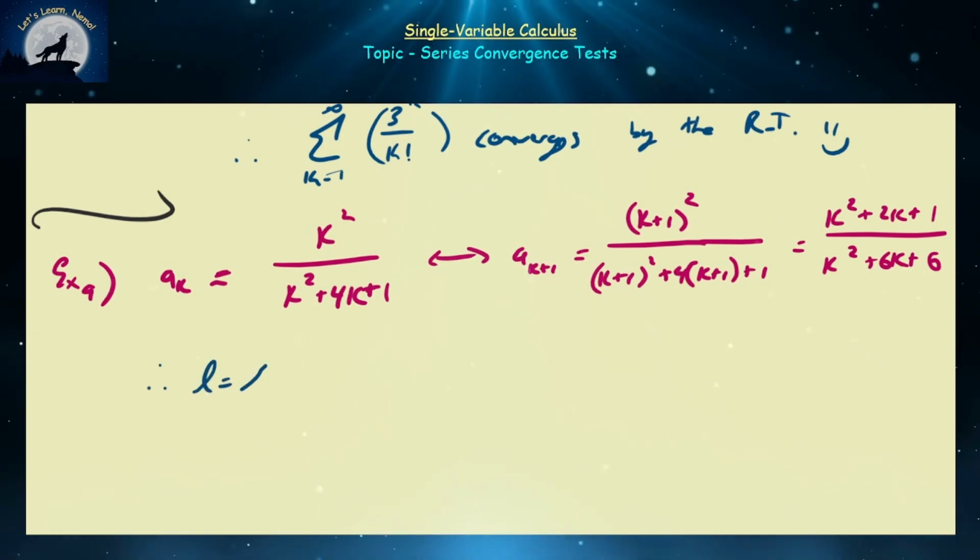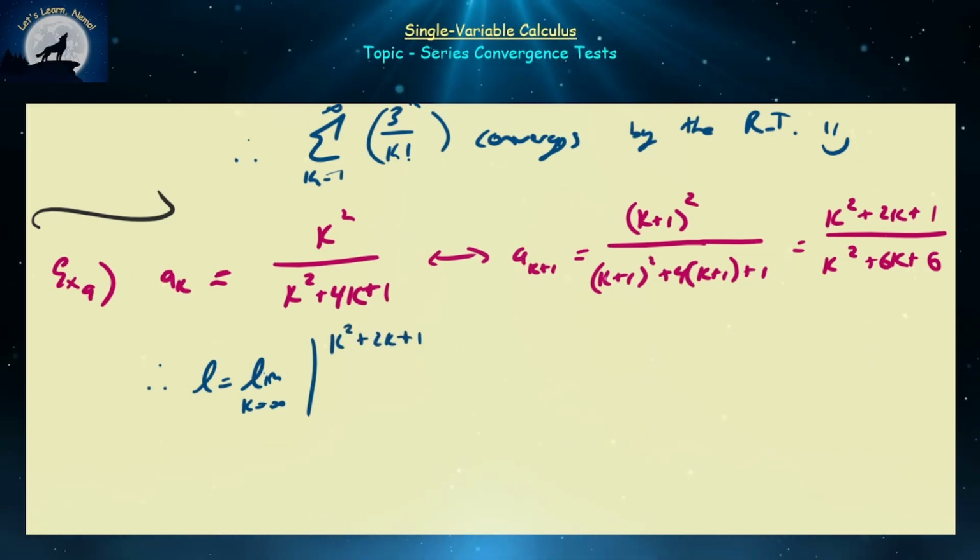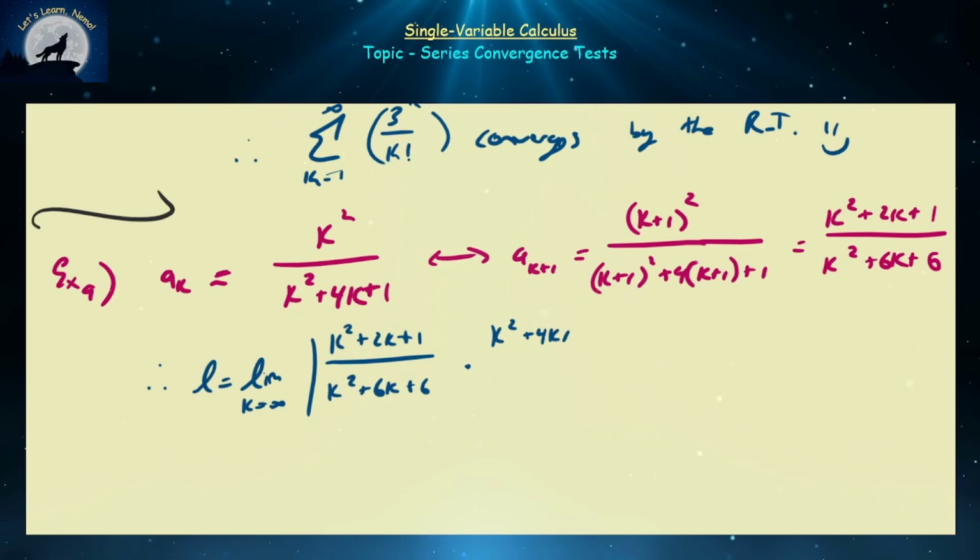So L will be equal to the limit as k goes to infinity of the absolute value of a_(k+1), so k squared plus 2k plus 1 all over k squared plus 6k plus 6, times the reciprocal of a_k, so that's going to be k squared plus 4k plus 1 all over k squared. And then we can just take the leading terms once you distribute.